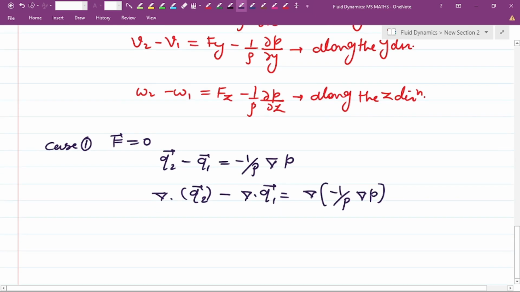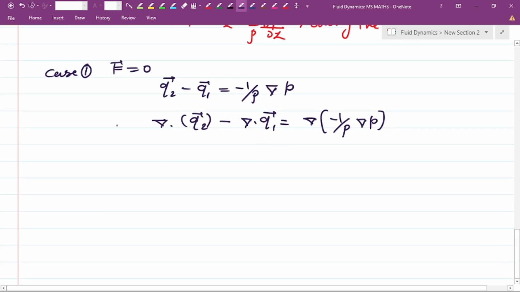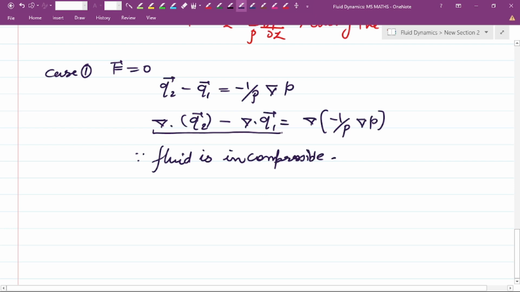So we can write it as, if the fluid is incompressible, then what will happen? This particular part will be 0.